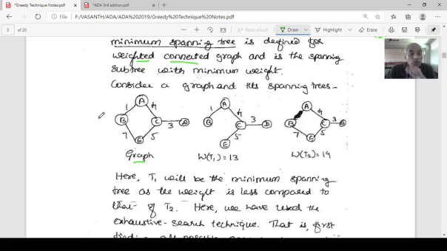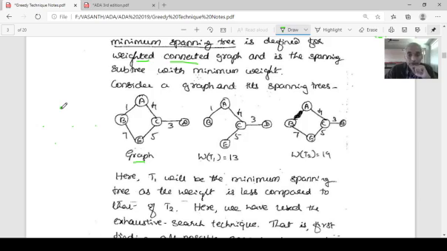One of the important constraints we mentioned is that the spanning tree should also have all the vertices the graph has. So what vertices does the graph have? Let us say the graph has A, B, C, E, and D. So it has 5 vertices. The spanning tree should contain all vertices of our graph, and it should be connected.